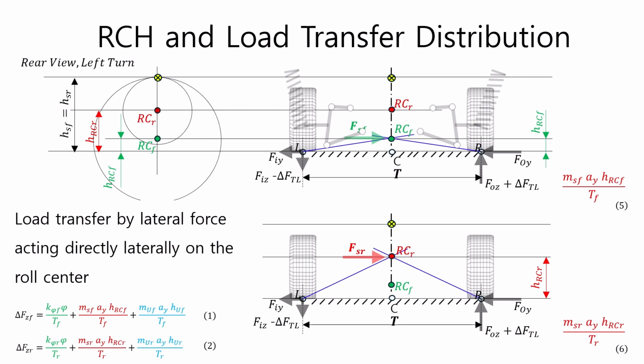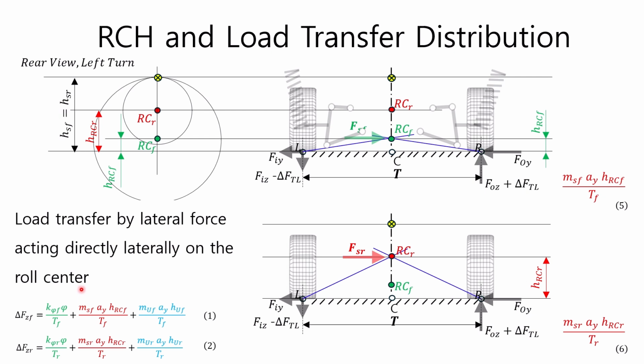This time, we will look at roll center height and load transfer distribution. As explained earlier, the roll center height determines the amount of lateral load transferred through the suspension links and the amount of lateral load transferred through the springs. Since we have already discussed the load transfer through the springs, let's now look at the load transfer that the lateral force acting on the sprung mass directly produces laterally at the roll center.